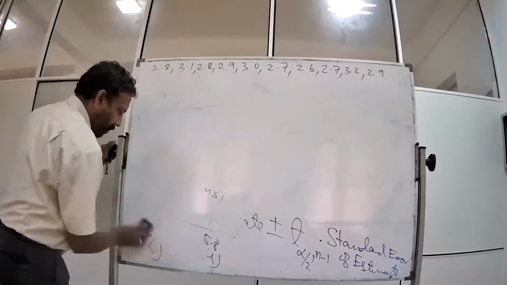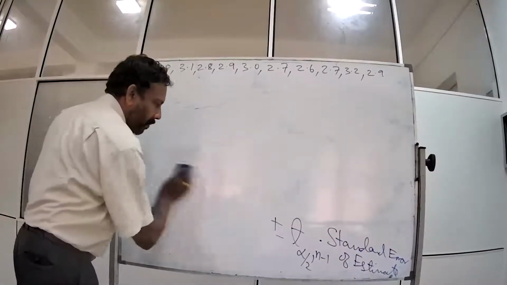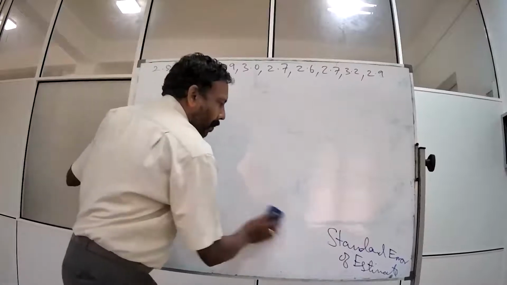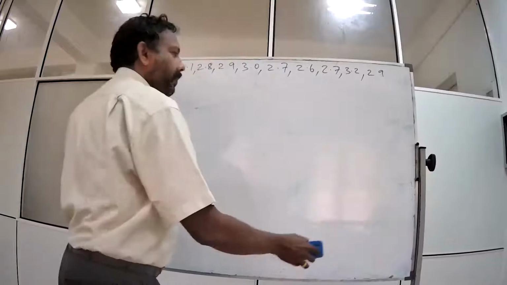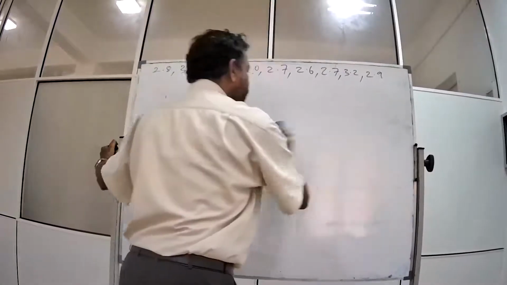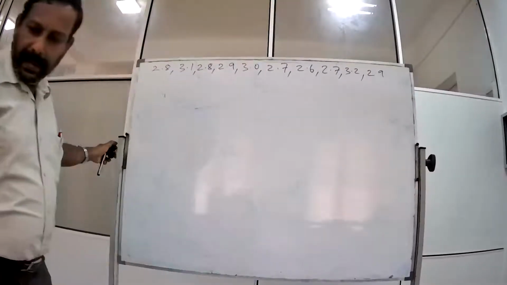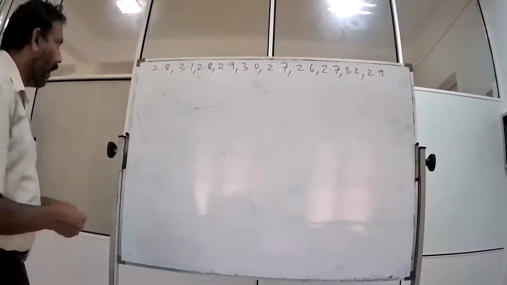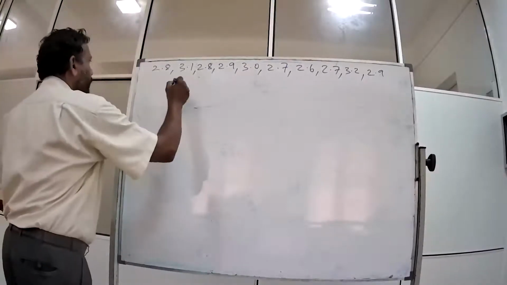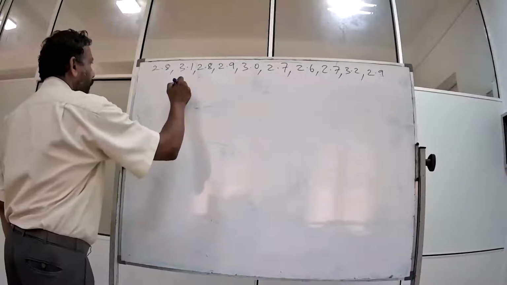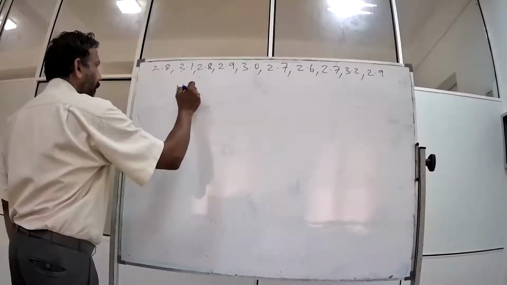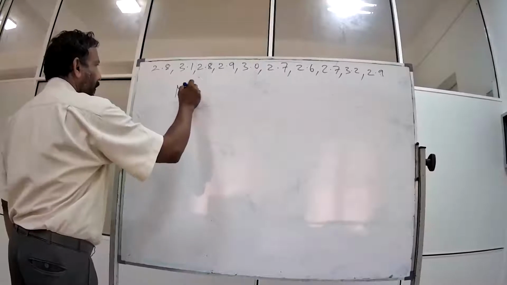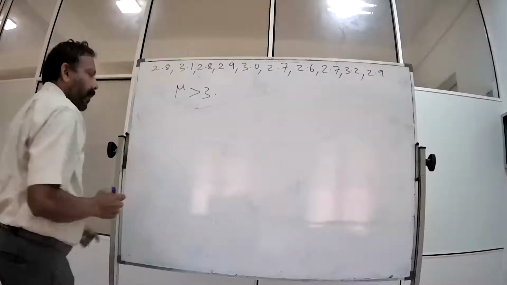If the EC content of the water is more than 3 deciSiemens per meter, it is not suitable for irrigation. Test whether the water could be used for irrigation purpose using alpha equals 0.05.